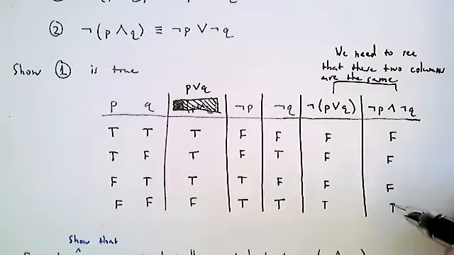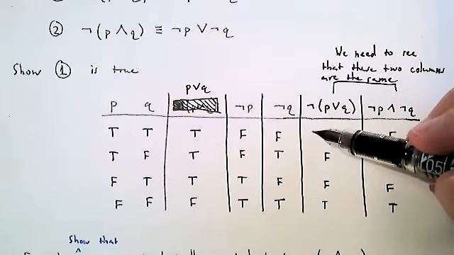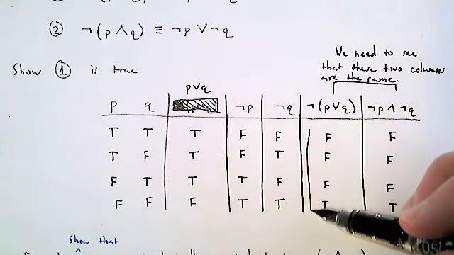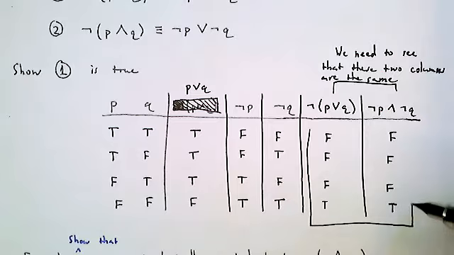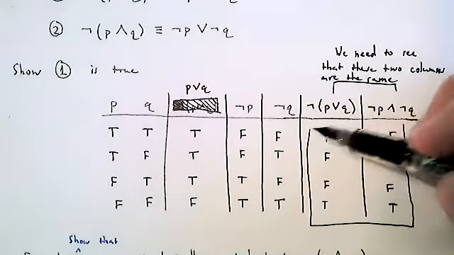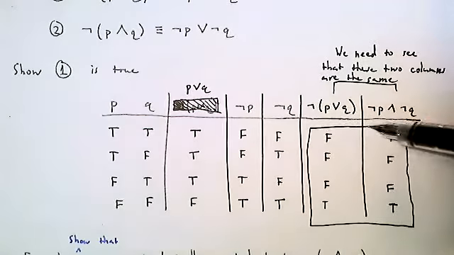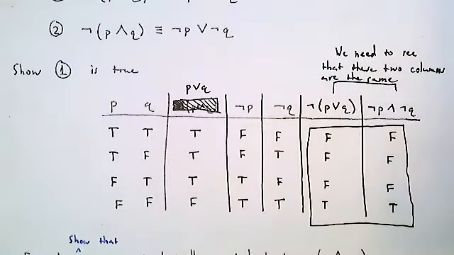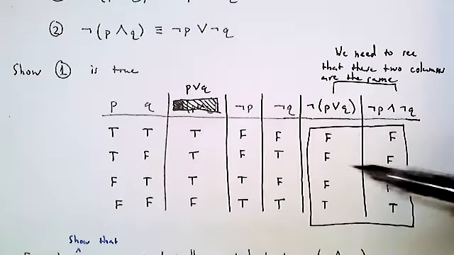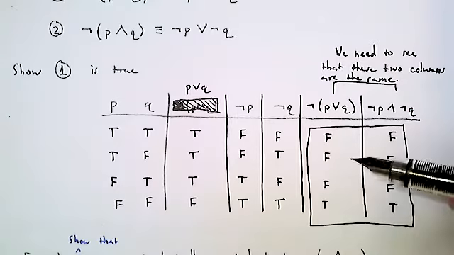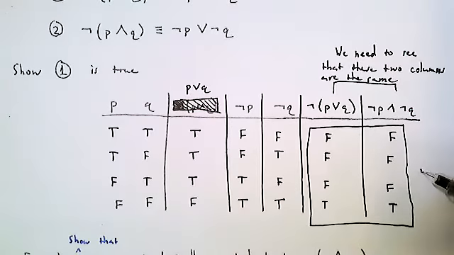Okay, so now we have our two columns. Let me just box these so that we can look at them. Are these the same? Yeah, they're the same. So that means that these are logically equivalent.